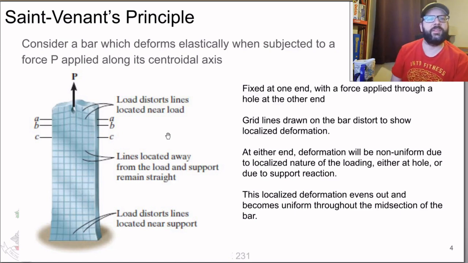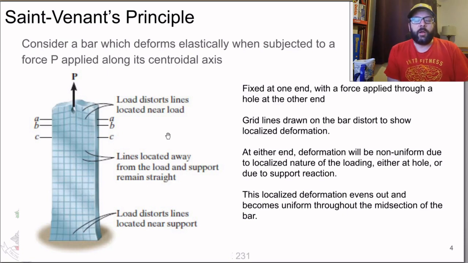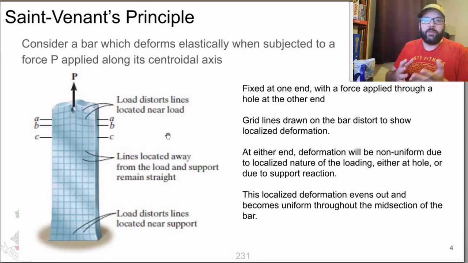So you can see in this example that you're going to get non-uniform deformation at either end of the bar. It's a bit more extreme at the end with the hole in it, and that's just because at that end the entirety of the load is concentrated on that hole.